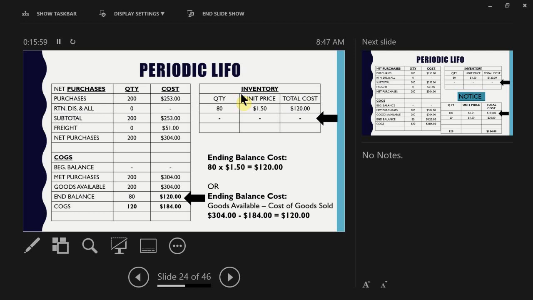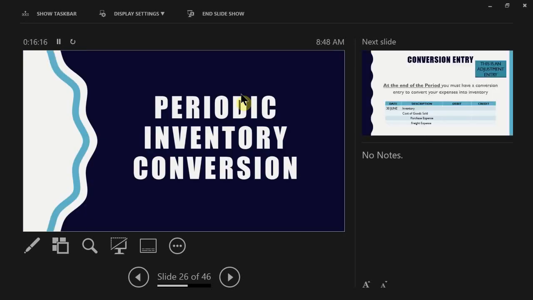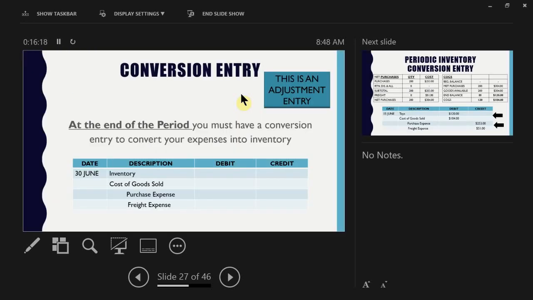So once we've finished completing our worksheet, the number one thing you have to complete is the conversion entry. You need to complete your conversion entry.